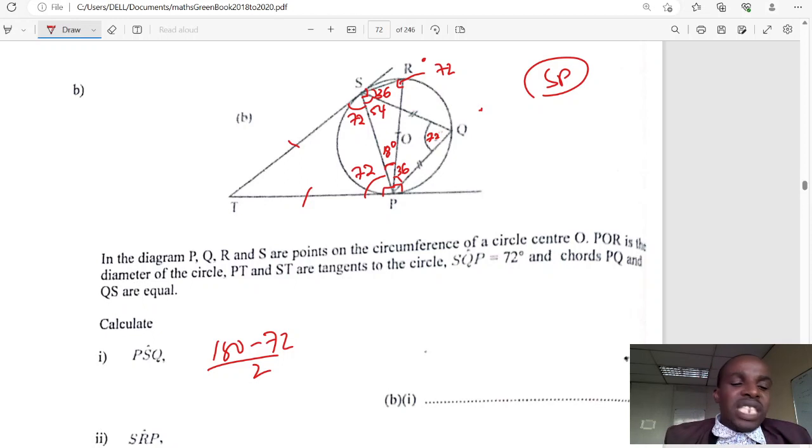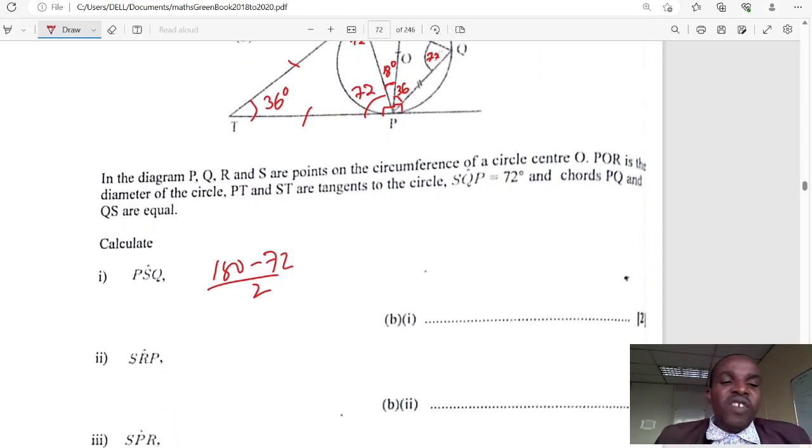Then 72 plus 72 is 144, from 180 you get 36. So this angle is also 36 degrees. Done, I've found all the angles here.